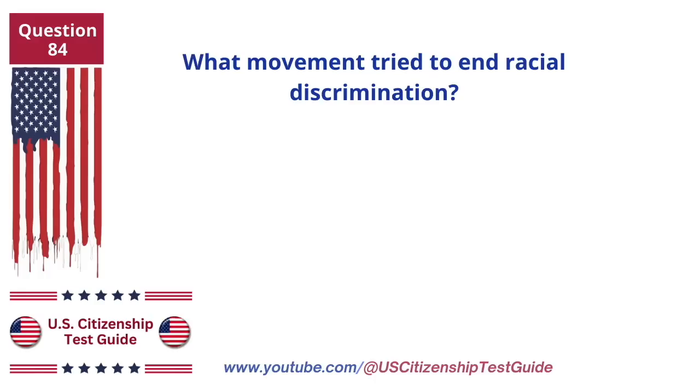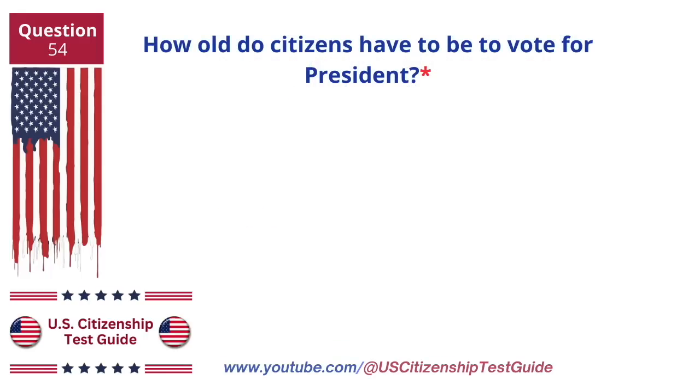What movement tried to end racial discrimination? Civil rights movement. How old do citizens have to be to vote for president? 18 and older.